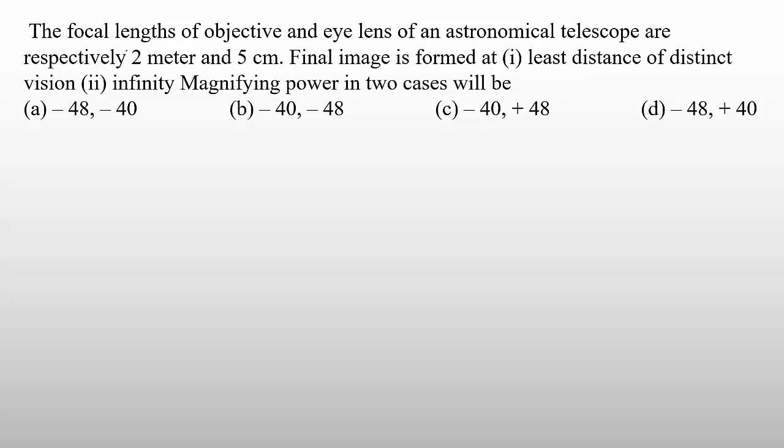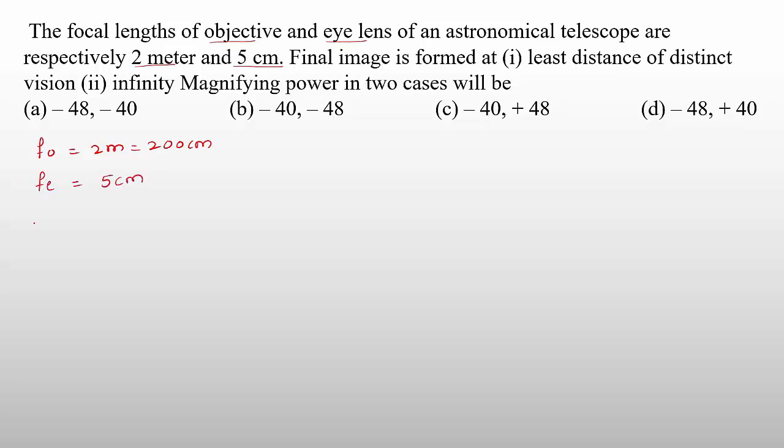See here, the focal lengths of the objective lens and eye lens are already given, that is 2 meter and 5 centimeter. So let us write the focal length of the objective as 2 meter, which is equal to 200 centimeter. Then the focal length of the eyepiece is given, that is 5 centimeter.